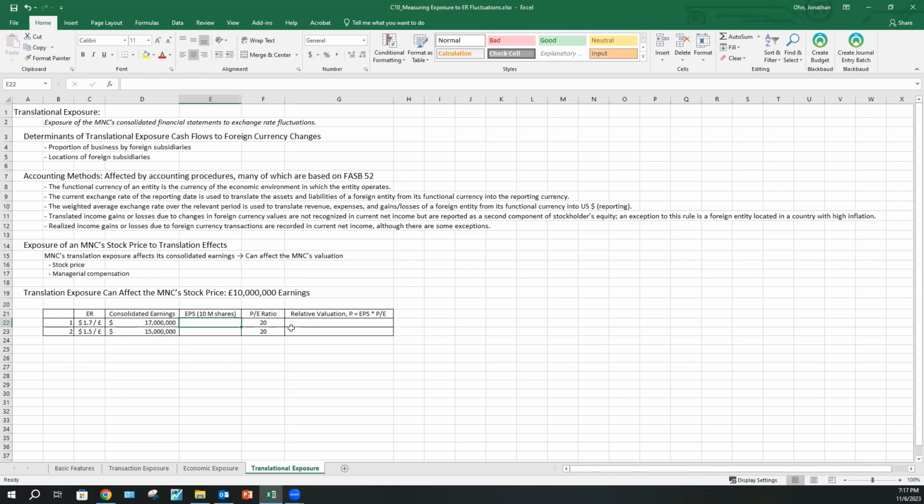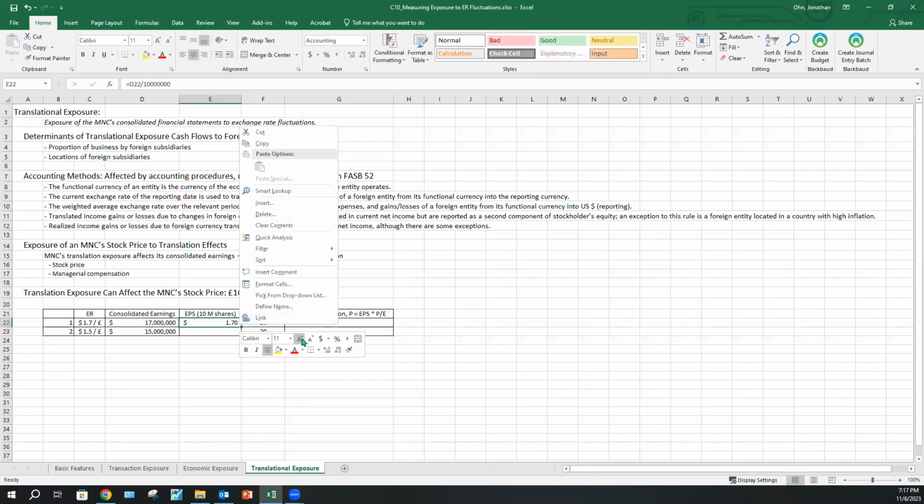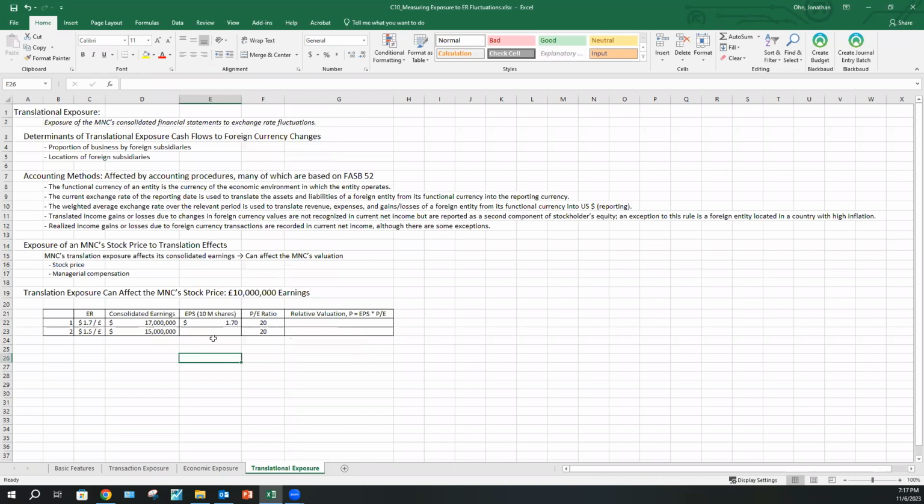Now EPS, earnings per share. Suppose the company's total number of shares is 10 million, and you simply divide the total consolidated earnings by 10 million. Then you get 1.7, so earnings per share happens to be 1.7, right?